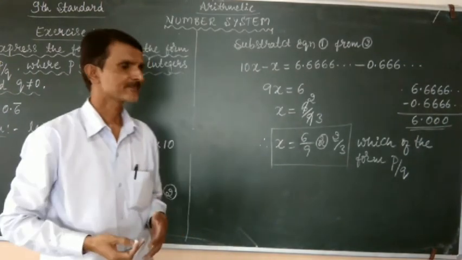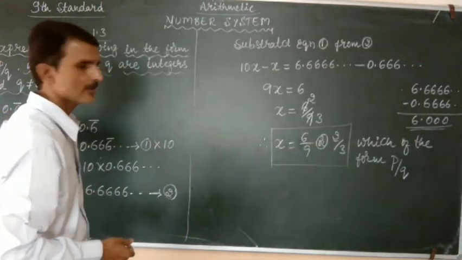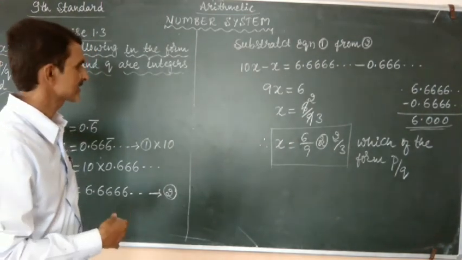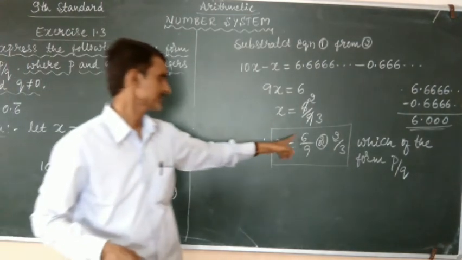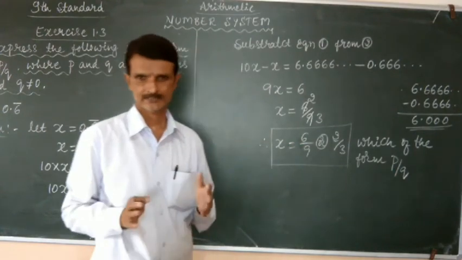So the p by q form of 0.666 etc. is 6 by 9, or the simplified form is 2 by 3.